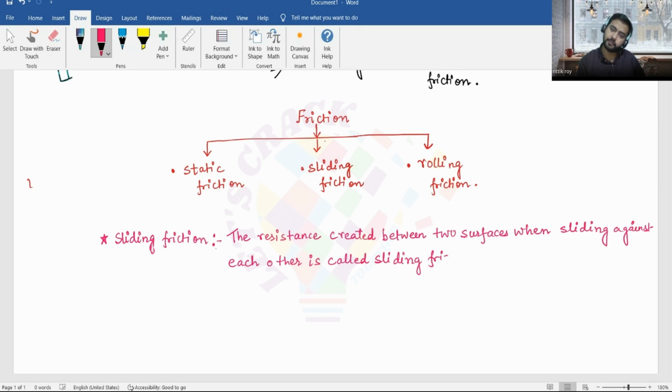It is the resistance created between the two surfaces when they are sliding against each other. So when one surface is sliding over the other, the resistance force that is created is known as sliding friction. Got it?